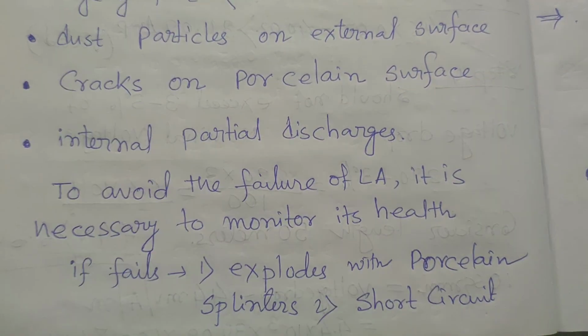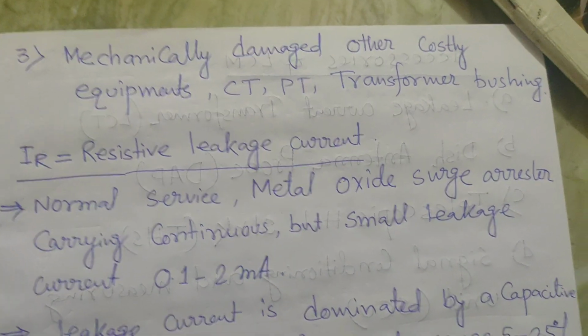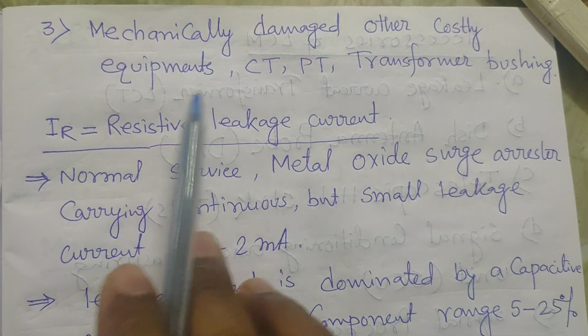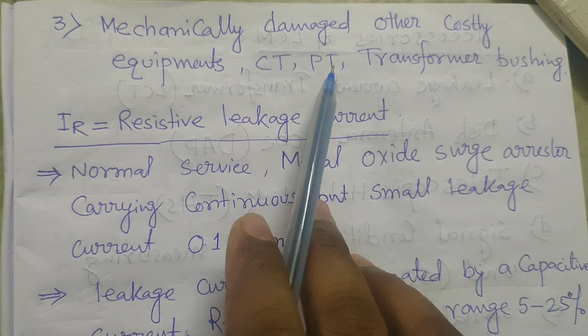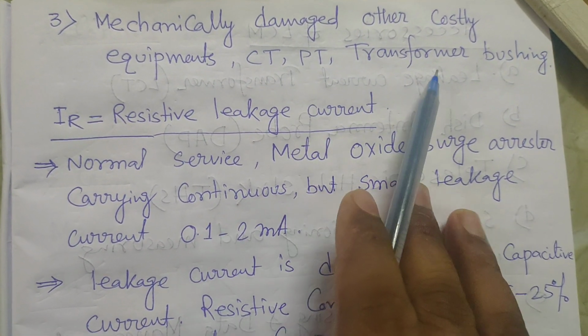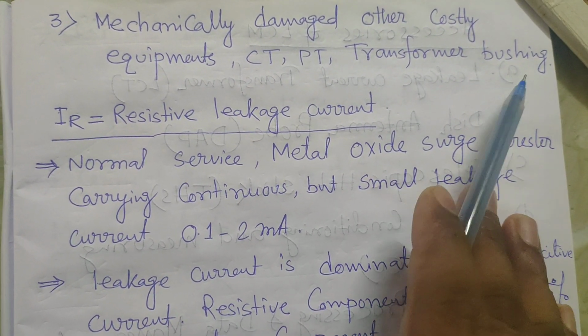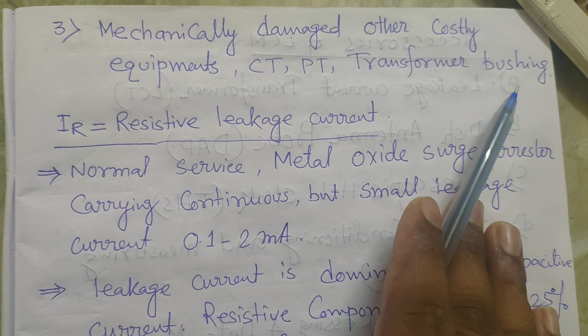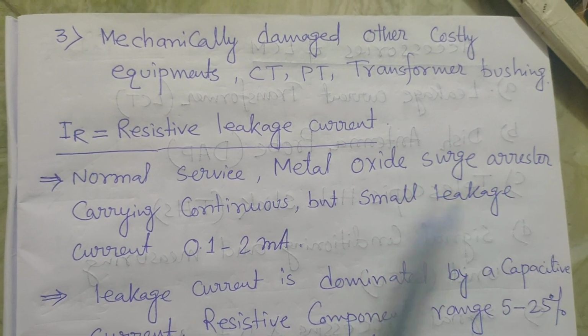There may be mechanical damage to other costly equipment, such as the CT current transformer, PT potential transformer, and transformer bushing installed near the damaged lightning arresters or surge arresters.